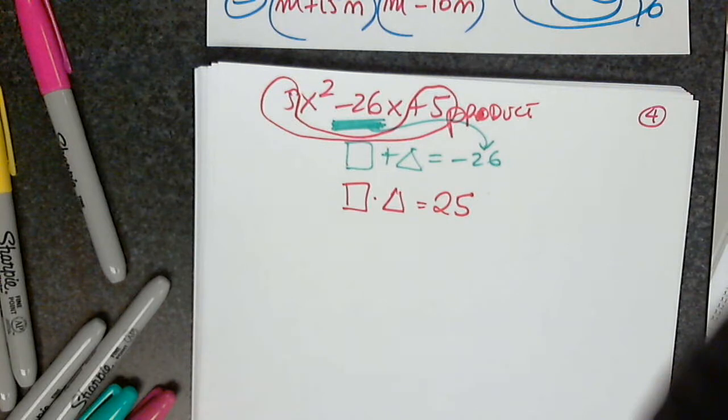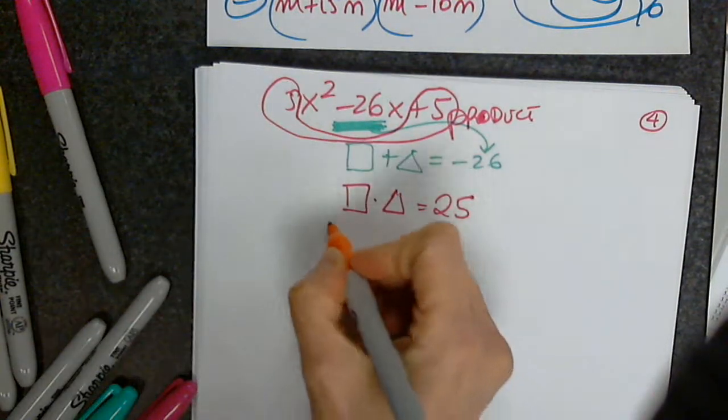So, again, I think, okay, I need to find two numbers now whose product is positive. If the product is positive, both have to have the same sign. Both positive or both negative. But their sum is negative. There's only one option then. One more time. When the product is positive, both have to have the same sign. But if I know that their sum is negative, what sign will I have to have?